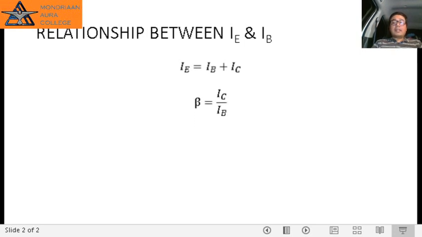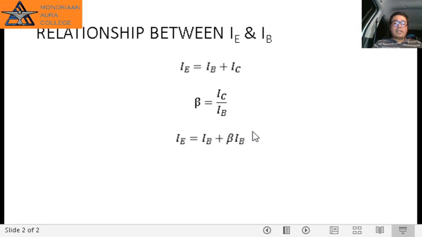We know that beta is equal to output current IC divided by input current IB. So papalitan natin ngayon yung IC in terms of IB. Kasi nga gusto natin i-relate ang IE tsaka ang IB. So dapat ang matitira sa equation na to ay IE tsaka IB terms lang. Walang IC. Okay. So we can replace IC by beta times IB.